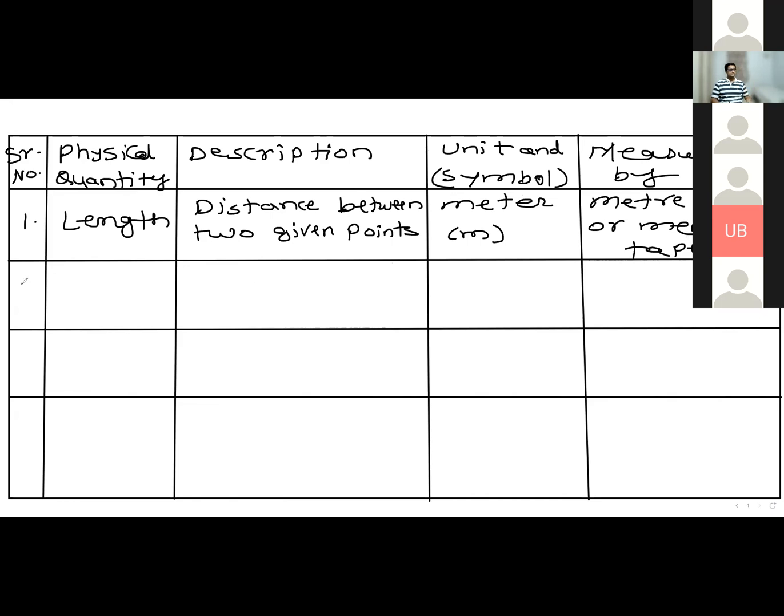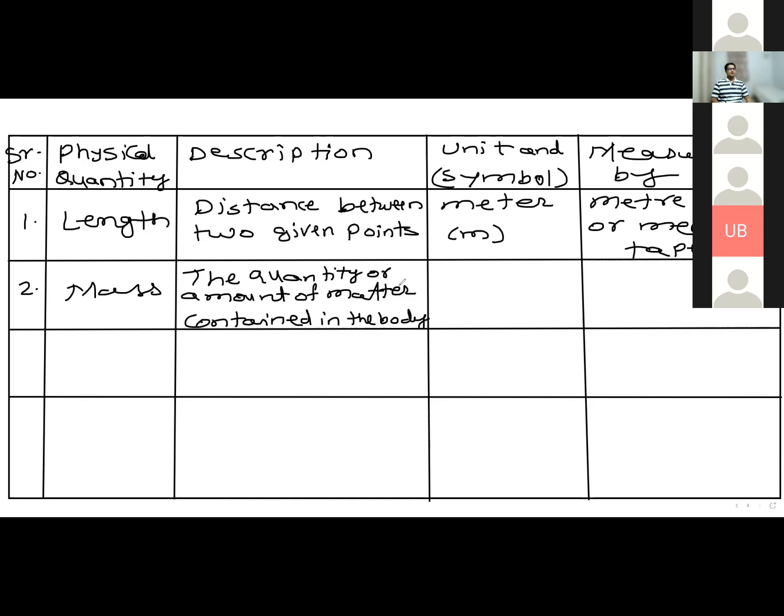Measuring tape. Second, we have mass. What is mass? I told you. क्या होता है mass? The quantity or amount of matter contained in the body, उसको हम mass बोलते हैं.